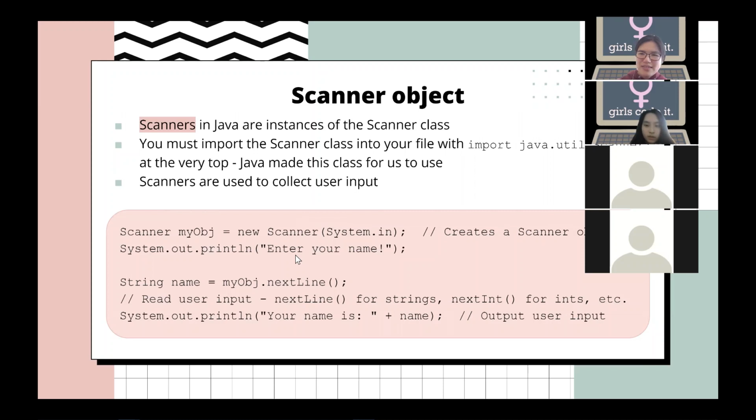So every time you create a new Scanner, make sure you're using this line specifically. Otherwise it might get a little sketchy. Then you can call the method called nextLine, which will get the next line the user enters.